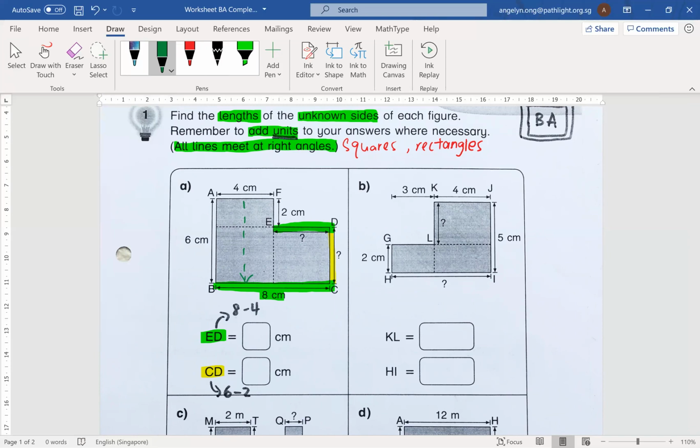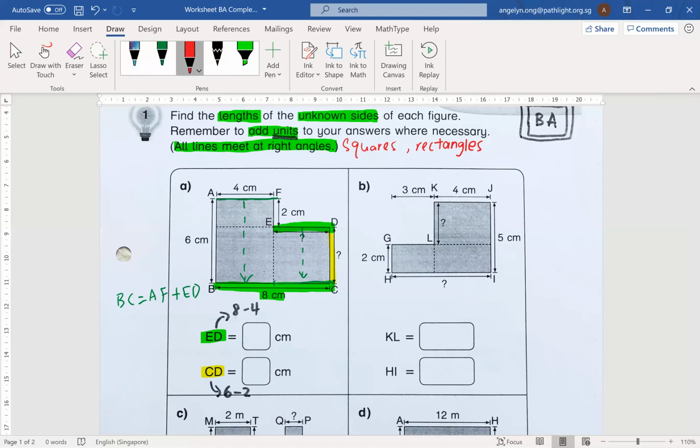So from B until this dotted line is the same length as AF. And then ED, you can also bring it down and it will fit the other part of BC. So actually, the line BC is equal to AF plus ED. This 4 cm plus this unknown length of ED will equal the line BC.